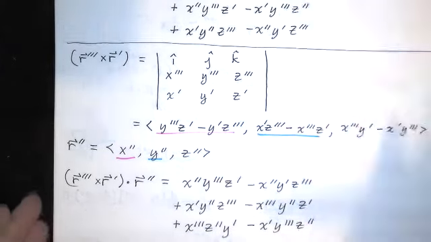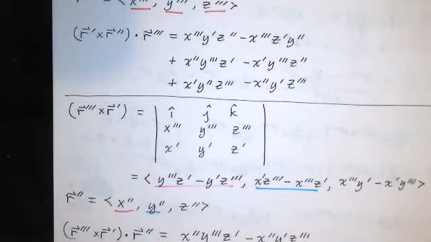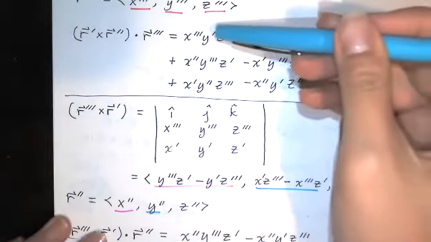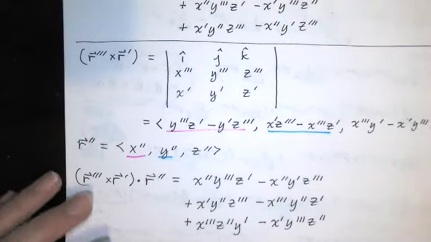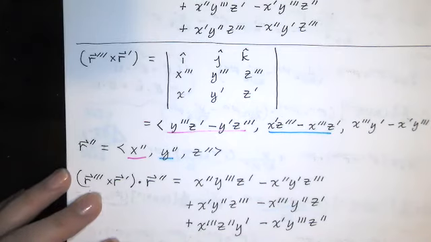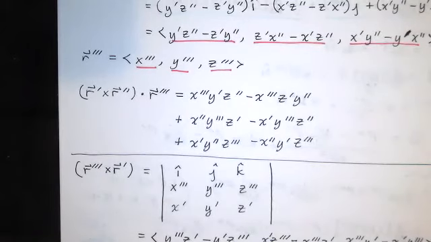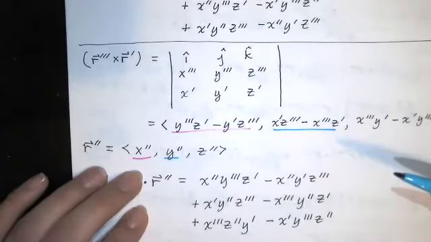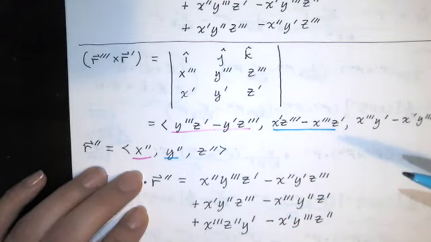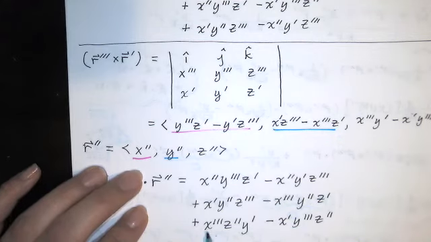The claim is that this and this are the same. So let's check it out. Do I have any x triple prime, y prime, z double prime terms? Oh, there it is.